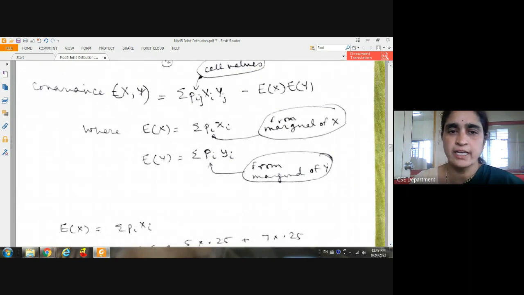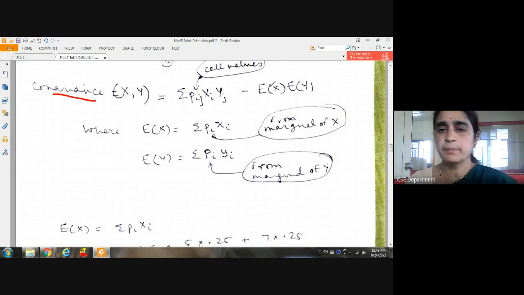Expectation of xy, covariance of x and y, x comma y is summation over all the cell values p_ij x_i into y_j. If you do a problem, you will immediately see that it's quite simple. Into expectation x, expectation y.